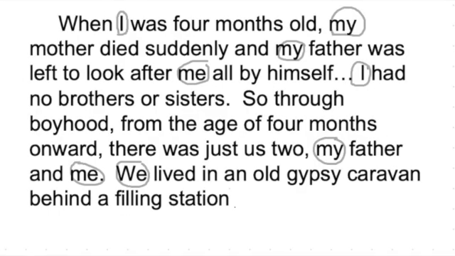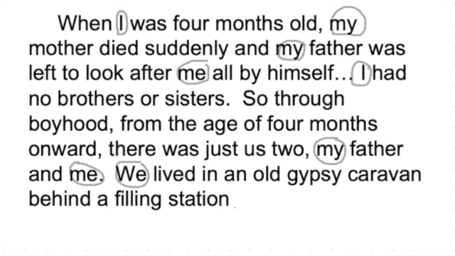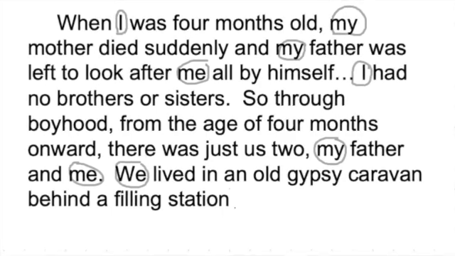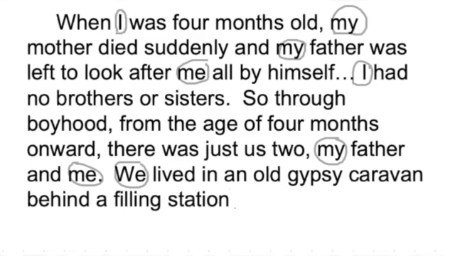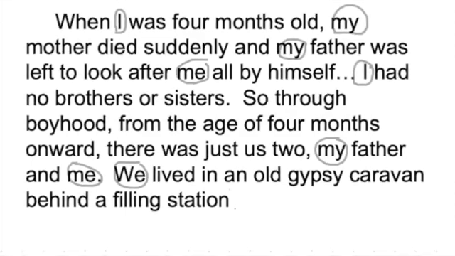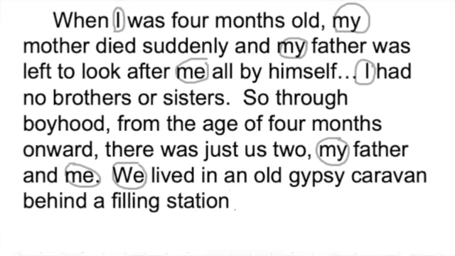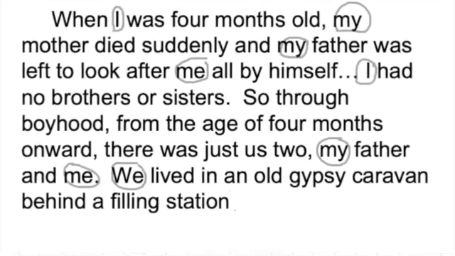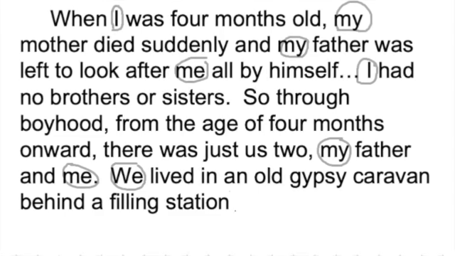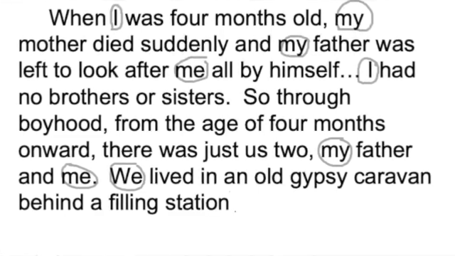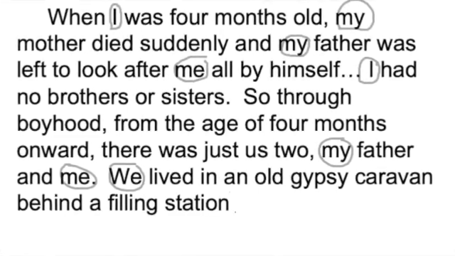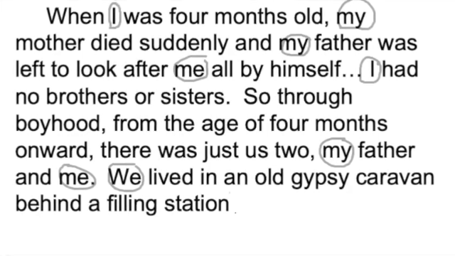Now let's look at the same example again. Notice how I circled the pronouns. I, my, me, we, and those pronouns that are repeated show me that this is probably first person. So after I look at the pronouns, I'm going to say, who is telling the story?